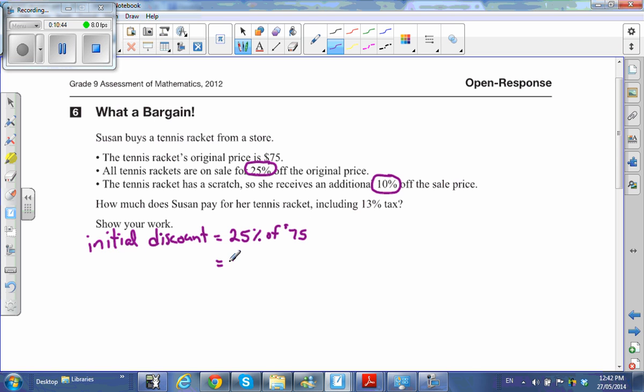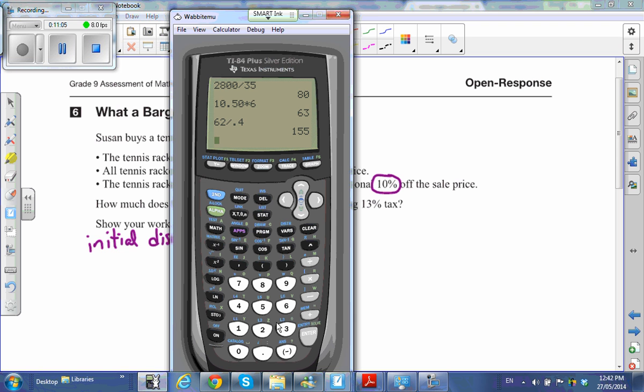which is 0.25, and of always means times 75. So 0.25 times 75 in our calculator, I think that's about 18.75 maybe, because it's a quarter, right? So anytime I multiply by a quarter or divide by 4, I just divide by 2, divide by 2. So 37.50, then half of 37.50, but just to be safe.